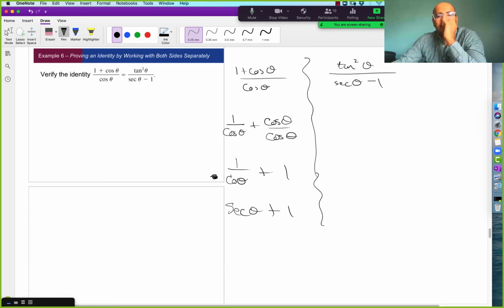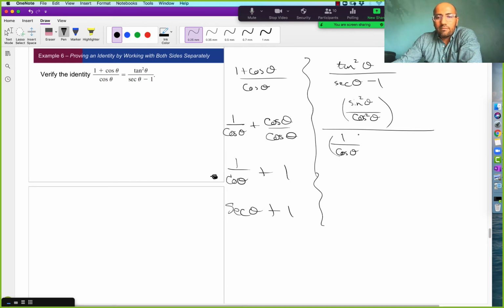That's pretty ugly. How about if I begin by converting everything into sines and cosines? So this would be sine squared theta over cosine squared theta. That's the tangent part, tangent squared theta. Secant of theta is 1 over cosine of theta, minus 1. Okay, common denominator here is going to be cosine, so let's get that going.